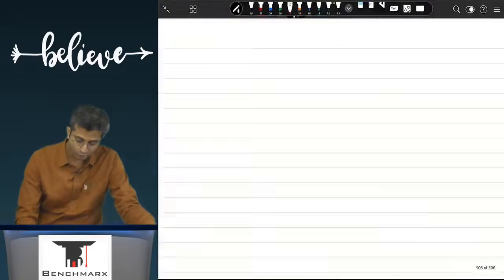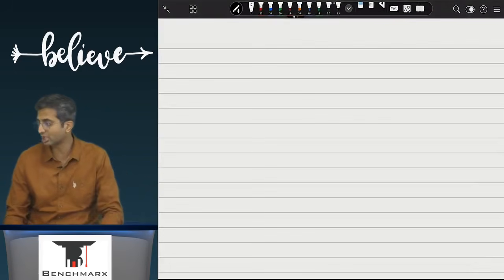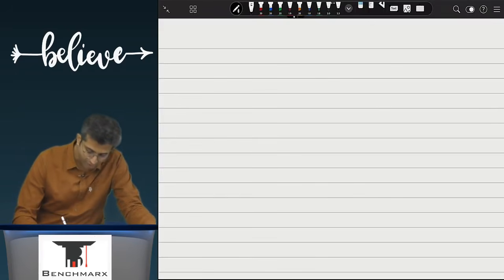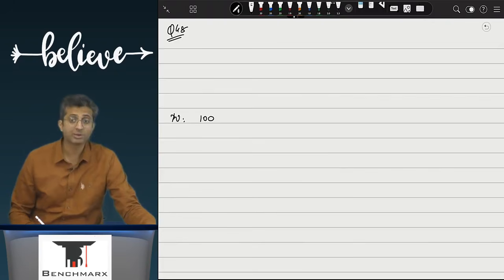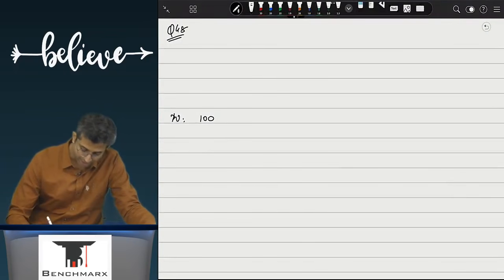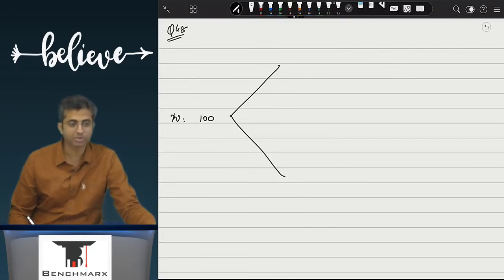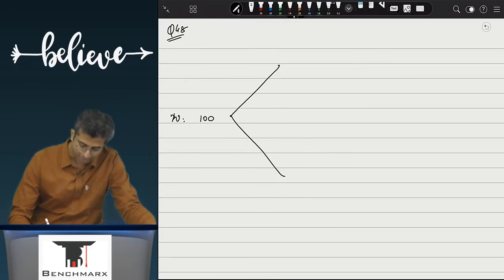So if I were to look at the value of the abandonment option, now there are 2 possibilities. If I look at question number 48, the present value today is around 100 crores. Like we say spot price today. Remember in binomial option we say spot price today. But that spot price can possibly go up. That spot price can possibly go down. Actually, if the spot price possibly goes up, after how much period we don't know.